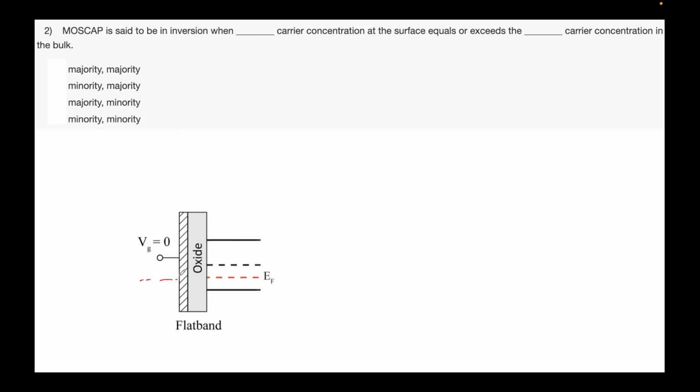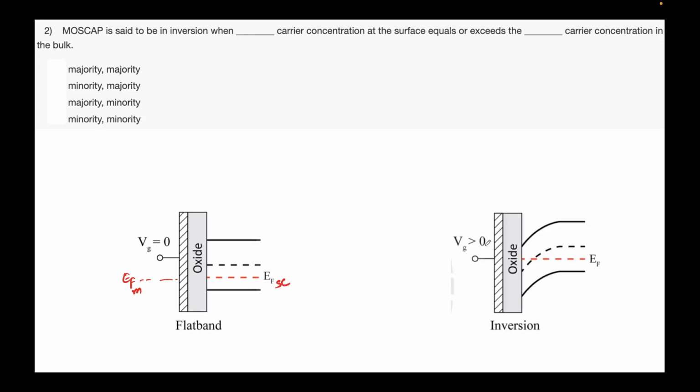EF is the same. This is not drawn because that's an assumption we've made, EF metal and EF semiconductor. What do you do if you apply a large enough positive bias? Holes will repel, you form your depletion region, and if the bias is large enough, the EF at the surface will move closer to EC and behave like an n-type, while the bulk is still p-type.